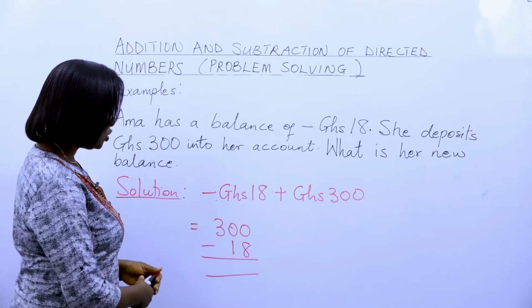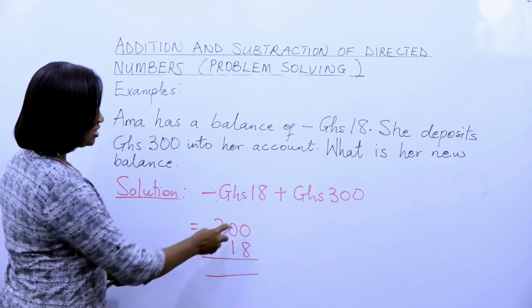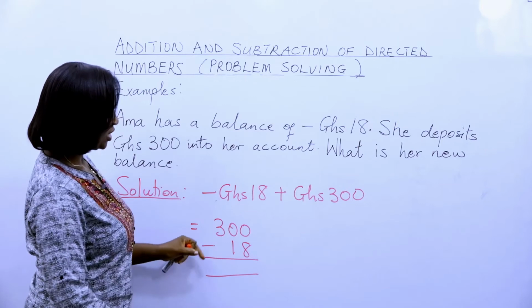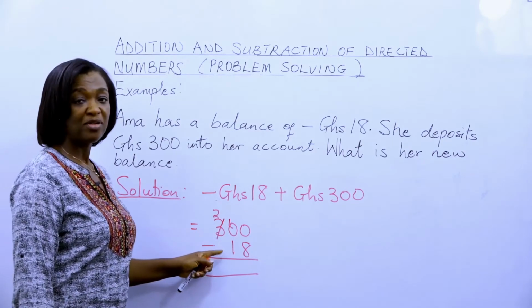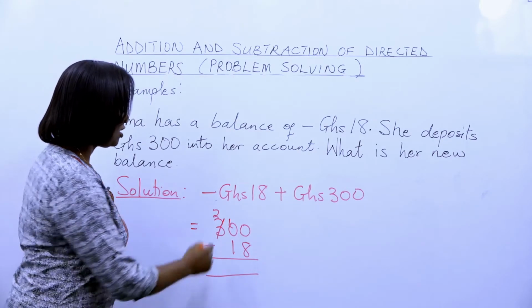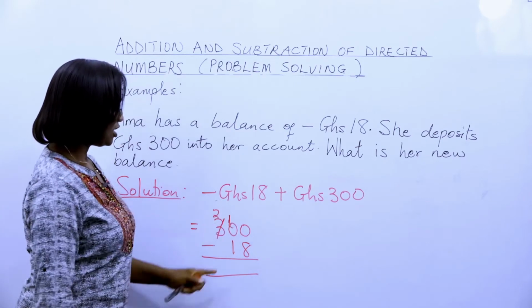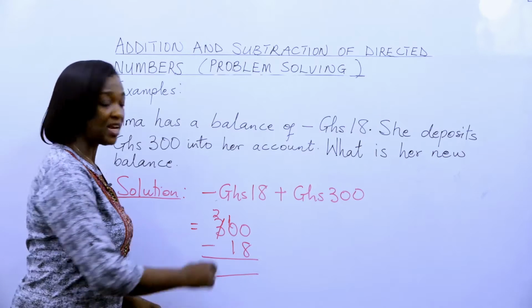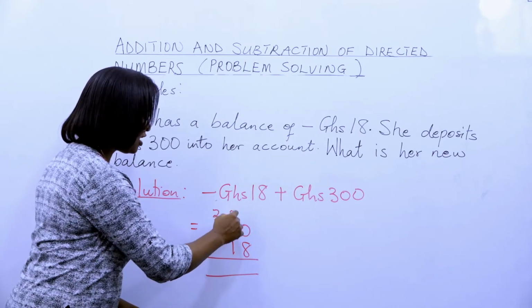Ghana cedis. So in doing this, that's a 0 in the unit column. We come here to borrow a 1. So you borrow a 1 from the 3, and that becomes a 2 there. This becomes a 10. We borrow a 1 from the 10, and we're left with 9.